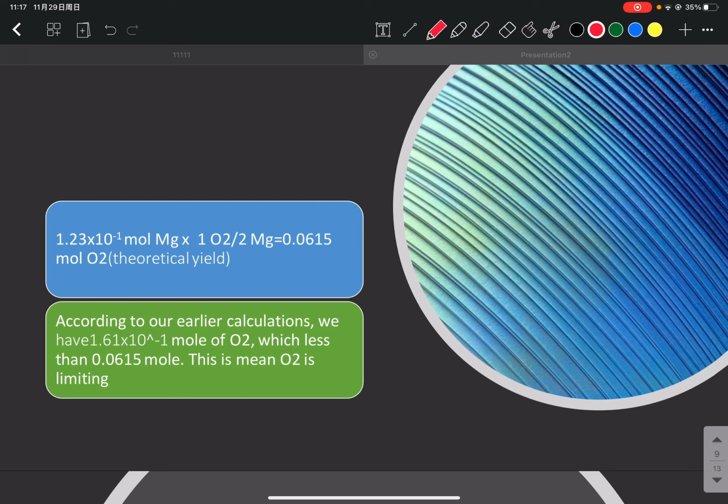Then we compare the answer to the amount of oxygen to see if oxygen is limiting or not. According to our earlier calculation, we have 1.61 times 10 to the negative power mole of oxygen, which is less than 0.0615 mole. This means oxygen is limiting.